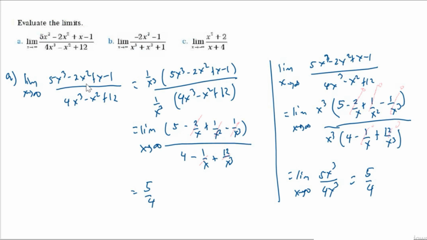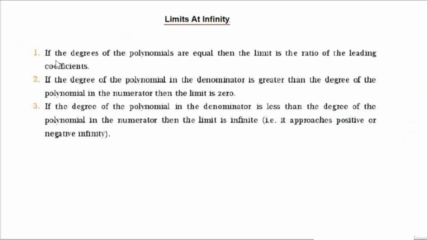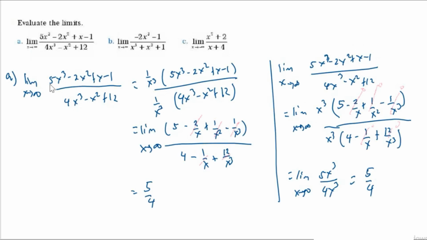Okay, so going back to our answers of letter A, B, and C. In letter A, the degree of the polynomial in the numerator is the same as the degree of the polynomial in the denominator. Going back to the rules, it says that if the degrees of the polynomials are equal, then the limit is the ratio of the leading coefficients.